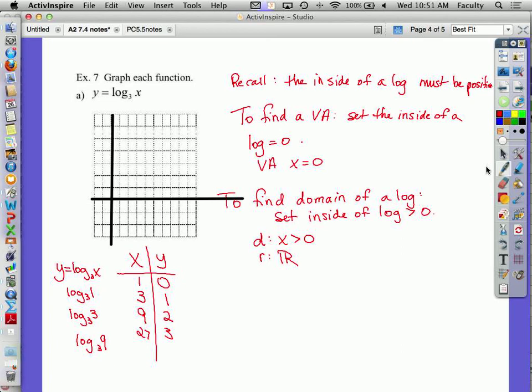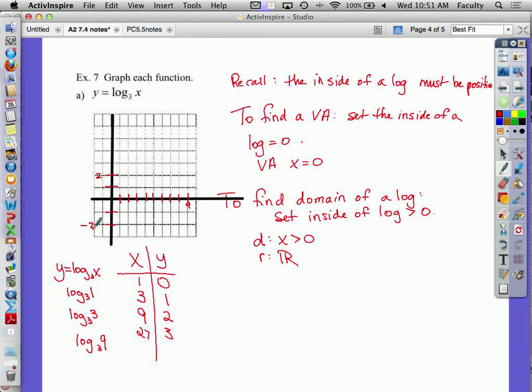There are no negative x values because look, we said the domain was x greater than 0. Now, I'm not going to go out to 27, guys, but I just was going that far so you could get the hang of this. She was just saying that there can be y values that are negative. Does that make sense? Okay.